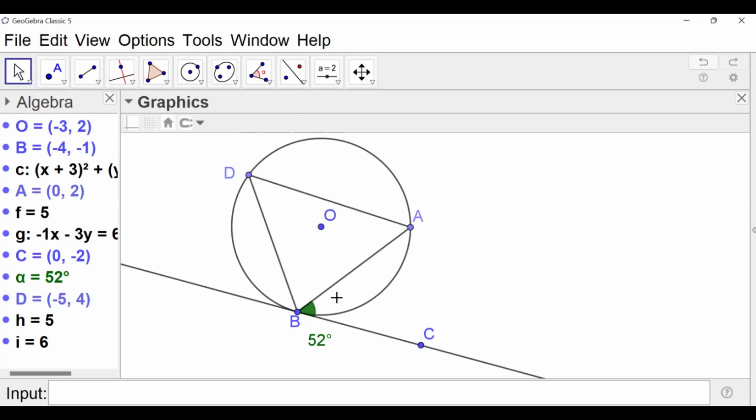Okay, now we have an angle that is formed between this chord BD and chord AD. Now, this second angle is in the major segment. Let's get that angle out.